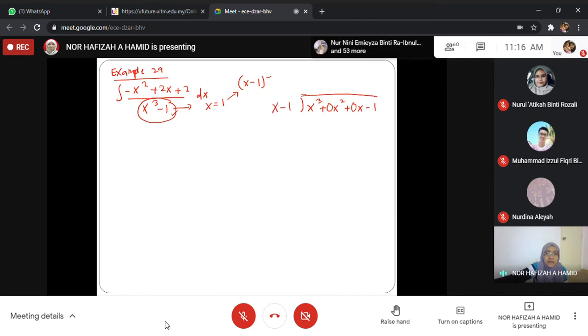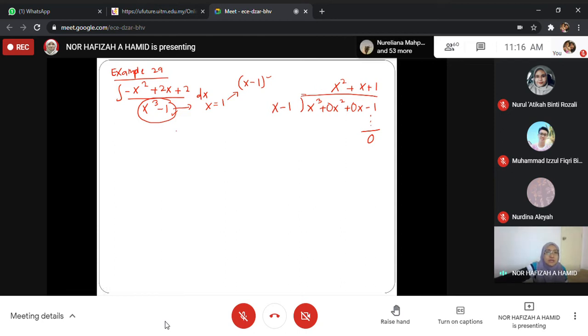The quotient is x square plus x plus 1. If you solve, you will get remainder equal to 0. I did not do it completely, so you can refer back to last semester's topic on polynomial long division.